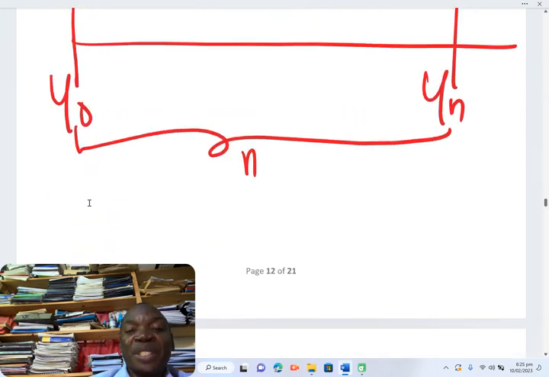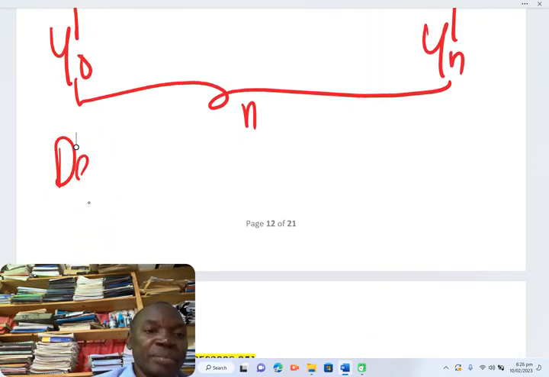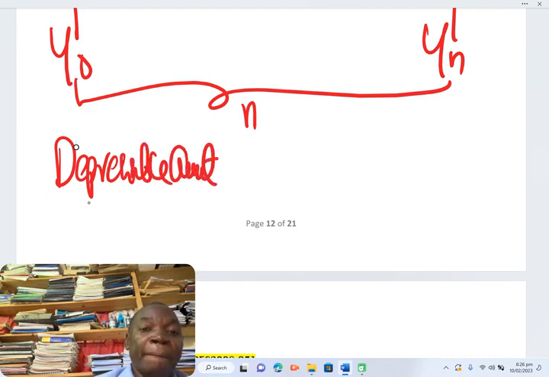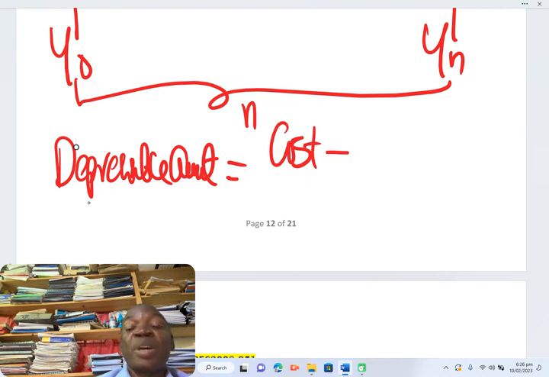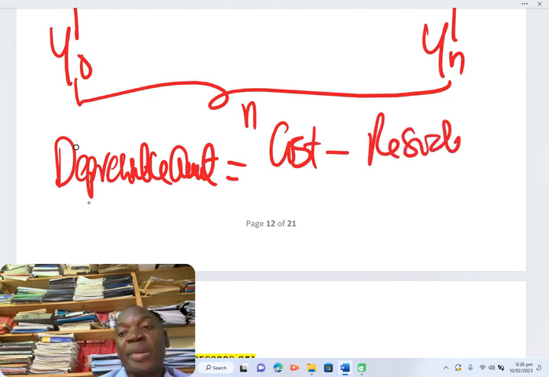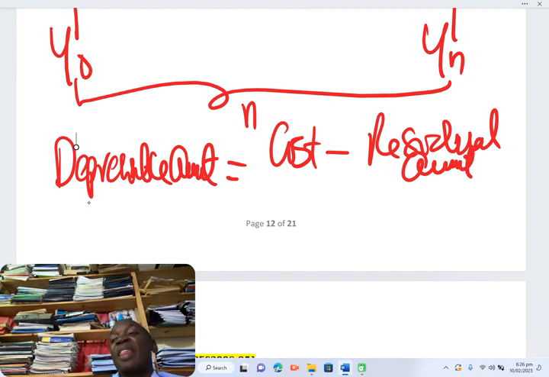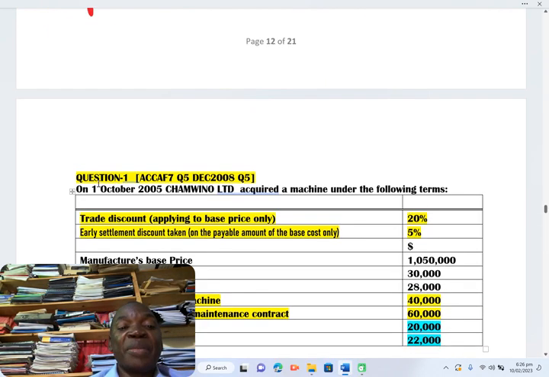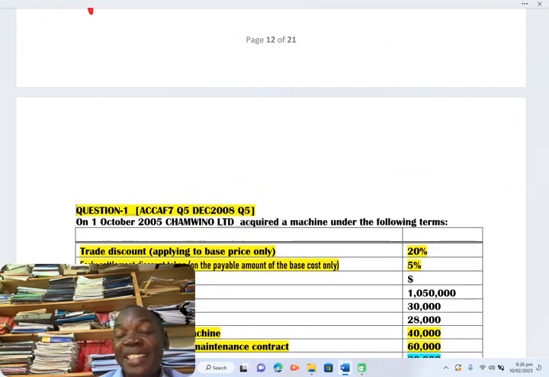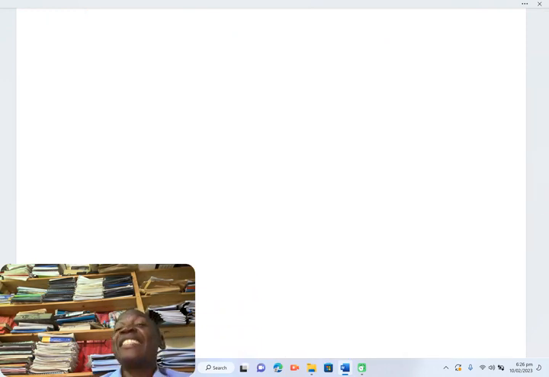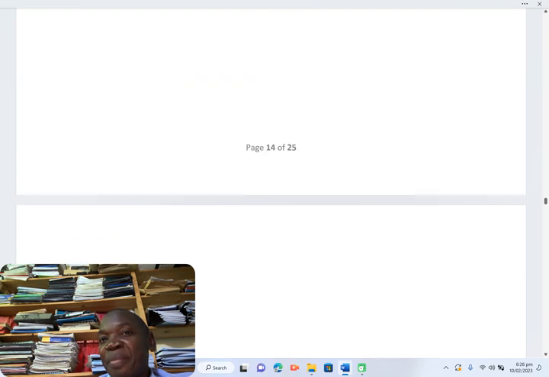So depreciable amount is equal to cost minus residual amount. Now depreciation is a systematic allocation of this depreciable amount over the useful life. Imeeleka?